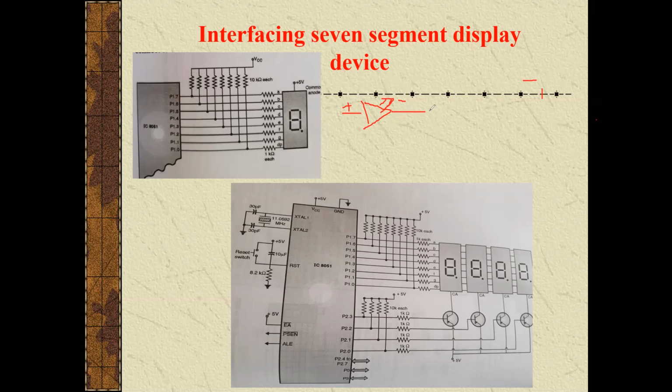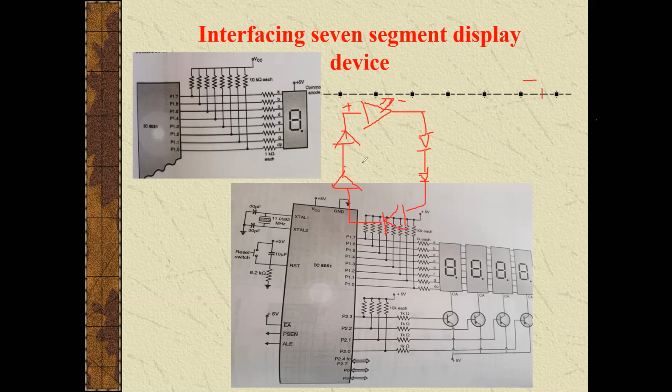Here, what type of arrangement have we considered as common cathode? This means this kind of LED configuration. Here one LED and another LED is here. So this kind of configuration is the common cathode configuration.